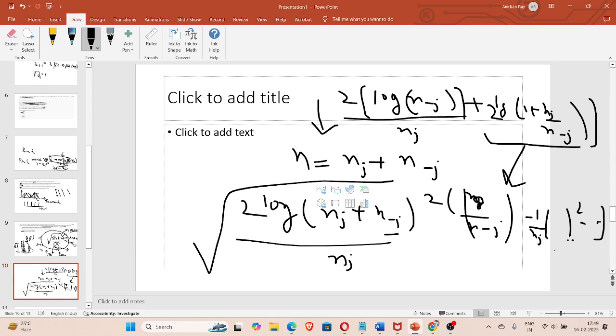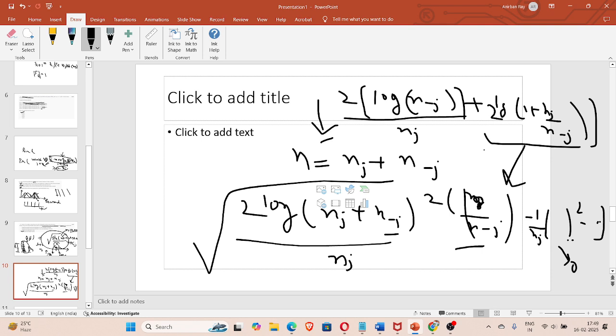If you see the square of this, you can say it goes to 0, becoming very unimportant. This is fixed, and this one reduces, so overall it reduces, right? So the main crux is that n is represented in terms of nj plus n minus j.